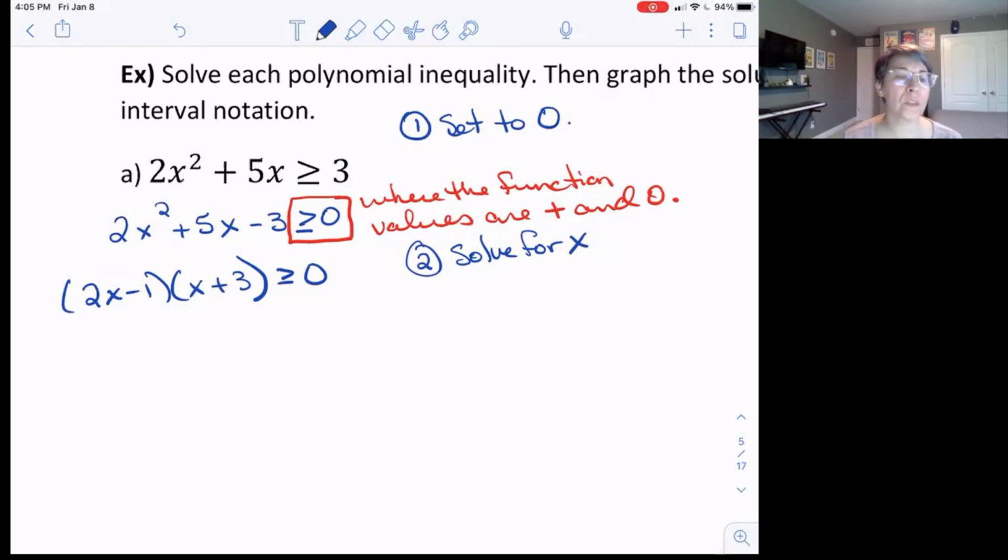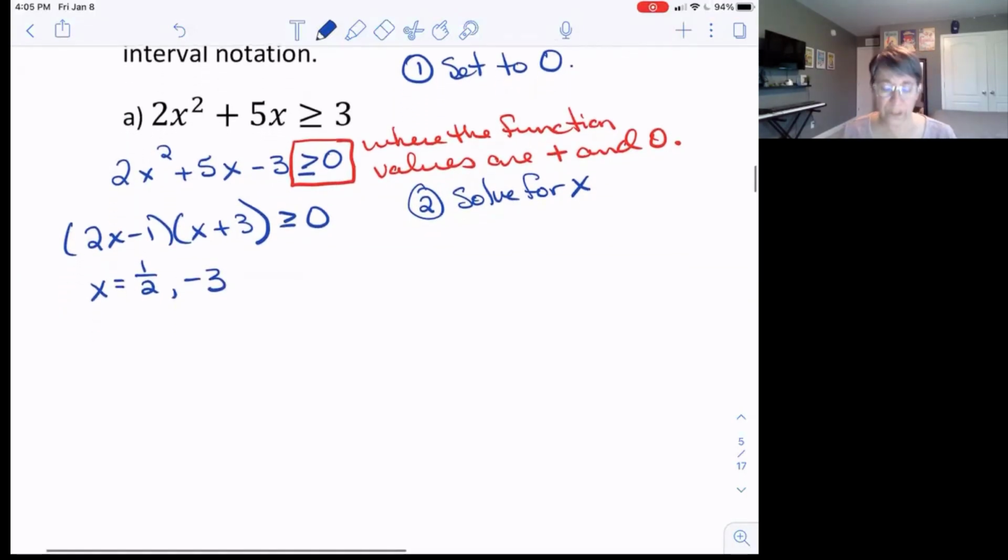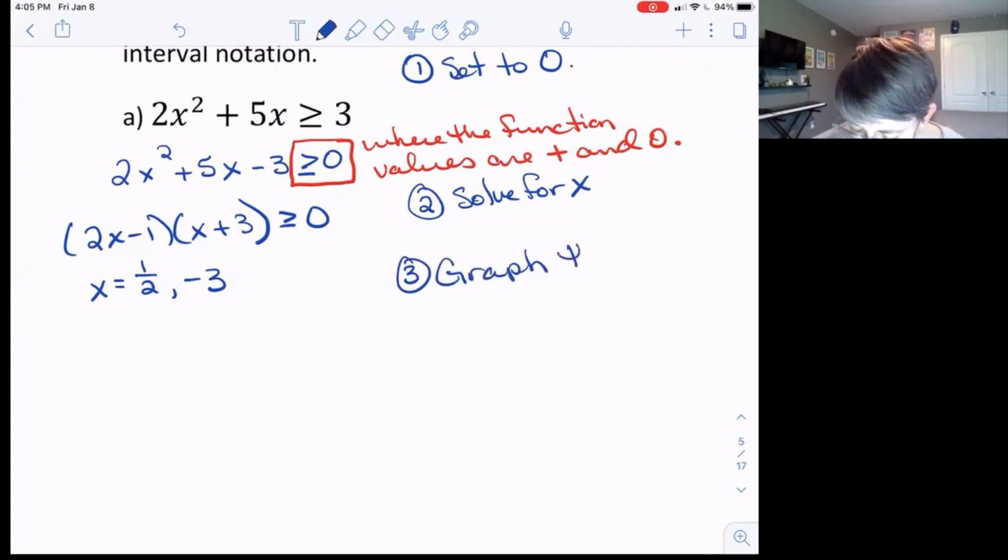We're going to ignore the inequality just for a second. Imagine we had an equals. This would give us a 0 at a positive 1/2 and at a negative 3. So in order to figure out where our function might be positive, 0, or negative, we're going to graph these points on a number line.